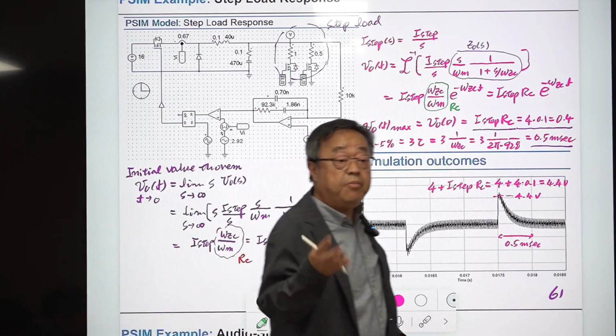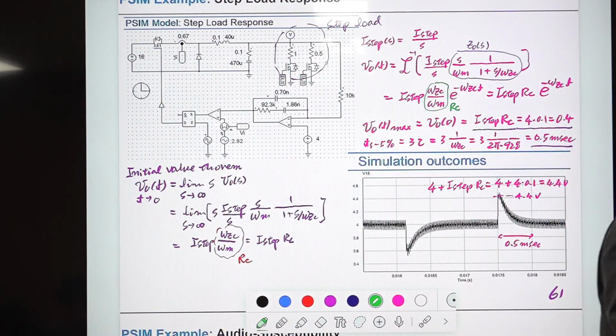The initial value theorem and the final value theorem are very convenient to evaluate the asymptotic behavior of the time domain response using the S domain expression of some transfer function. So maybe during this period of time something happens, but you are only interested in this, then you use the initial value theorem.